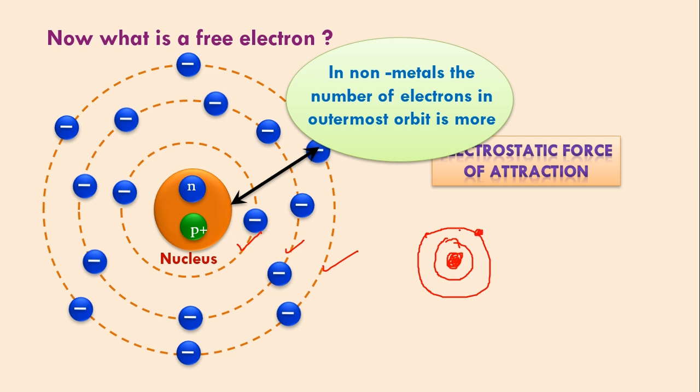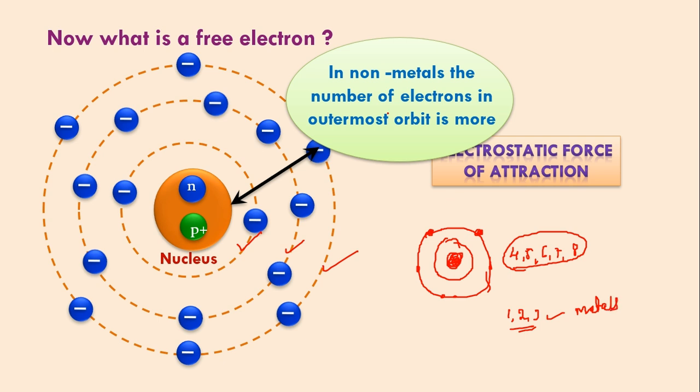If the outermost orbit has more electrons, like 4, 5, 6, 7 or 8, it comes under non-metals. And if 1, 2 or 3 are present, it comes under metals.